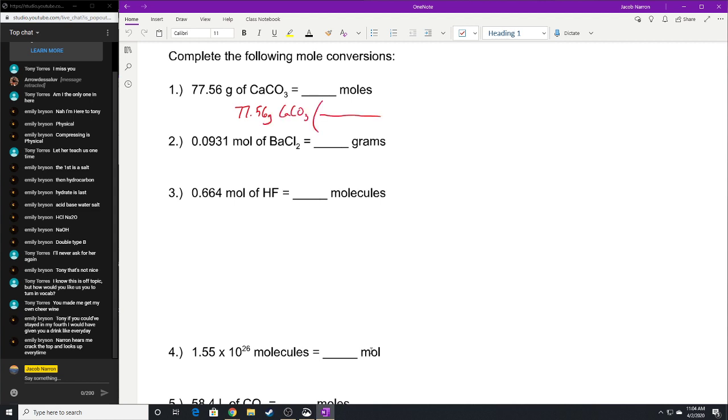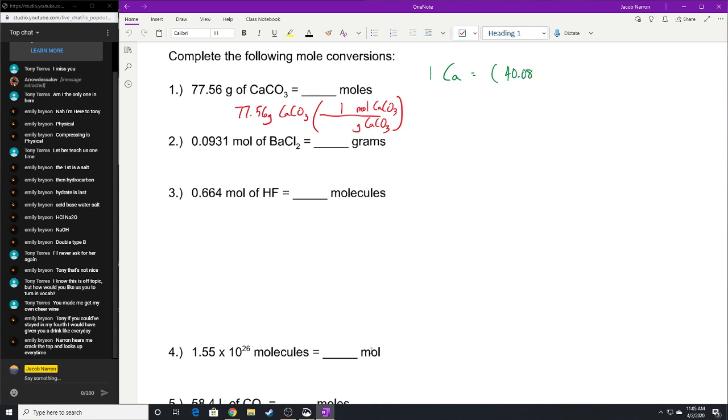So my conversion factor is going to put grams on the bottom and moles on the top, and just like in the last problem with iron 3 oxide, we have to figure out the molar mass of calcium carbonate. We have 1 calcium, which is 40.08 grams per mole. It's not one I have memorized.